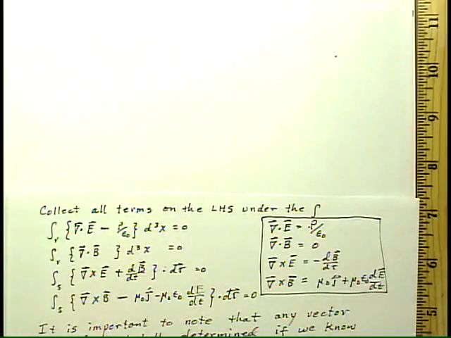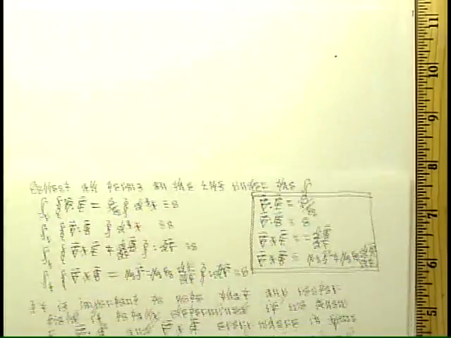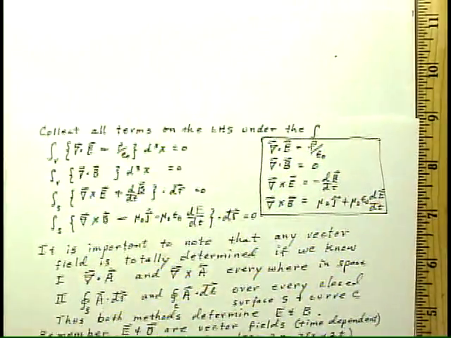If we have a vector field and we know the divergence of that field and the curl of that field throughout all of space, that determines the field exactly. Likewise, from our previous equations, if we know the surface integral over all closed surfaces and the line integrals along all closed curves in the entire universe, that determines a vector field. We can write that in the following way.